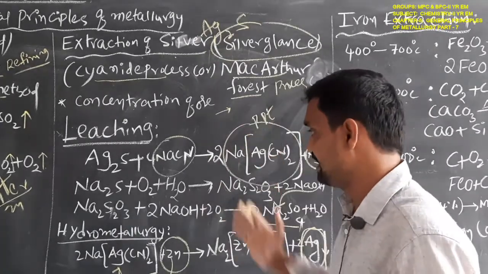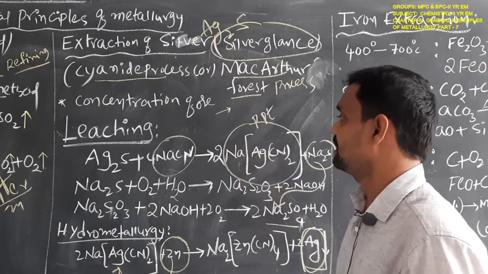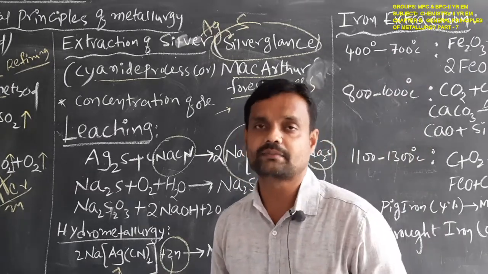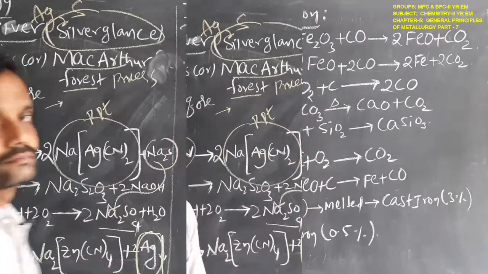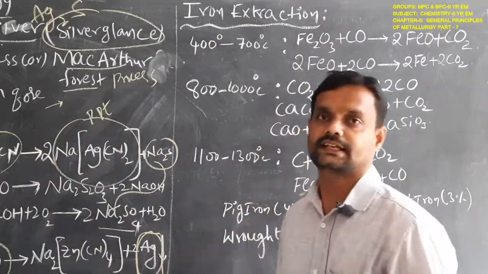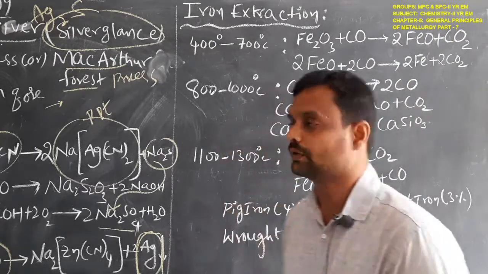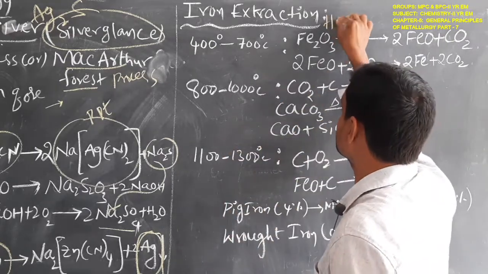So these are the reactions and the various steps involved in the extraction of silver from silver glance. Next, we discuss the extraction of iron from hematite ore. Here, hematite.